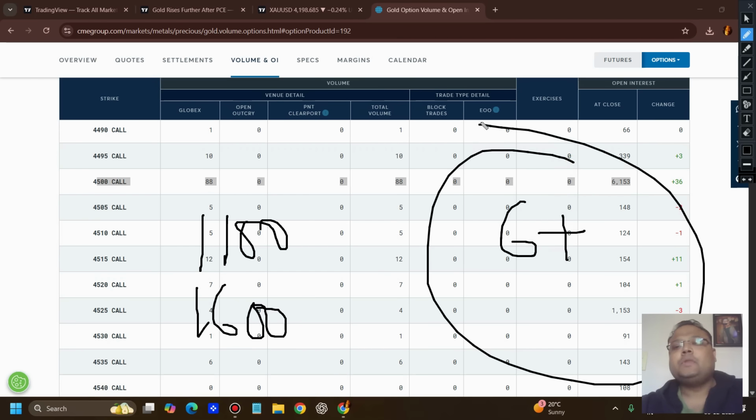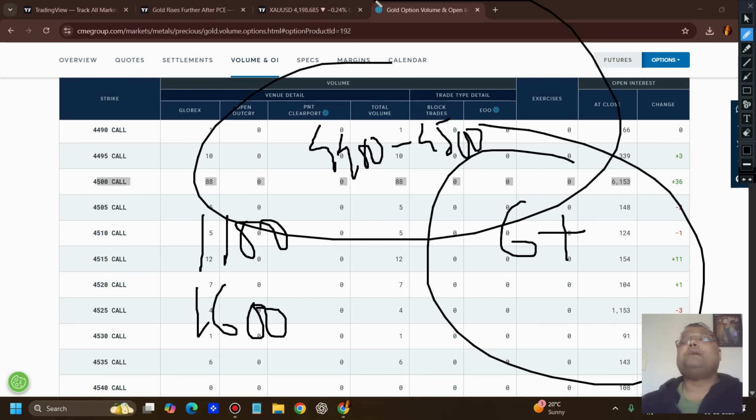Obviously if the market starts going up, the players sitting at the top are stronger and bigger in number. This is the main reason I told you that the chances of the market going up are less, because these players will not allow the market to go up that easily unless big news comes out. So in this month of December, the possibility of gold crossing 4400 to 4500 is very low.